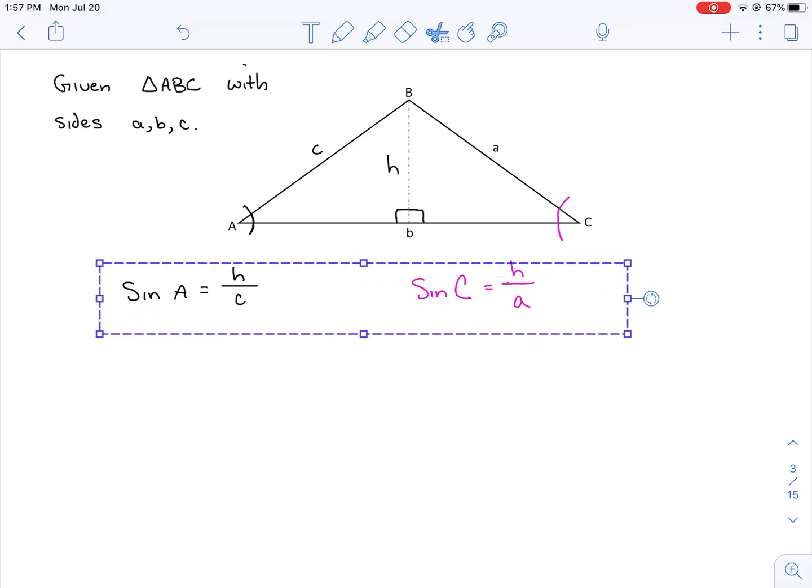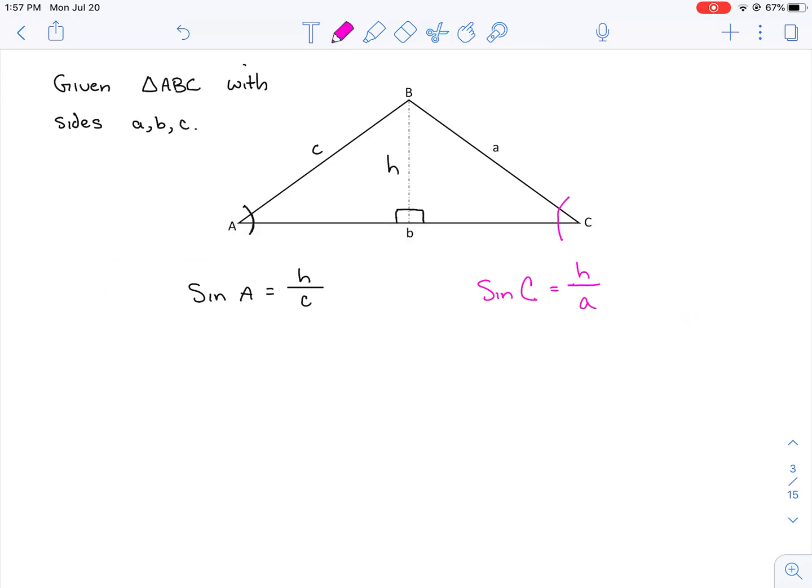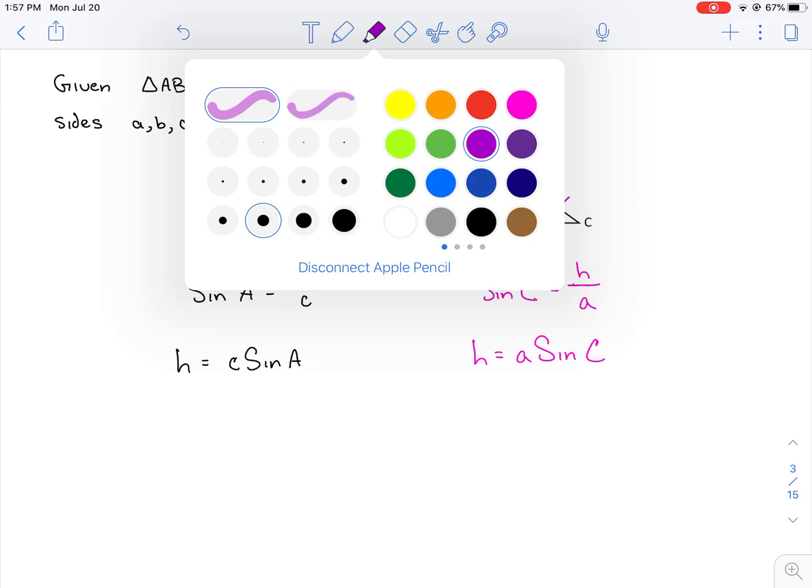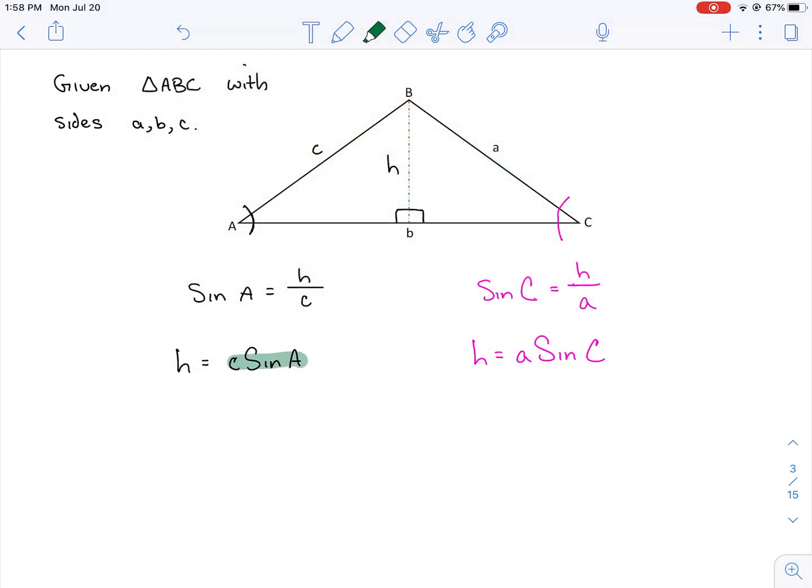Now what I'm going to do is I'm going to solve for h in each of these equations. So h is equal to c sine of A, and h is equal to a sine of C. Now notice that both of these expressions equal h.